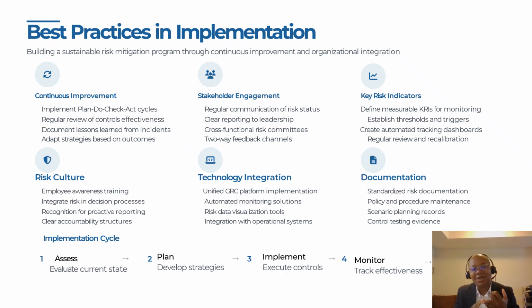You ensure clear reporting to leadership. Not only to leadership within your organizations, you may also have regulatory requirements to report to regulatory agencies that monitor the industry. You ensure cross-functional risk committees. As a matter of fact, this is very important because risk can emanate from any part of the organization.